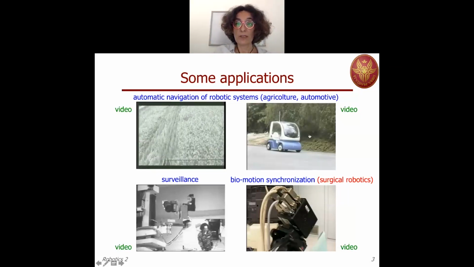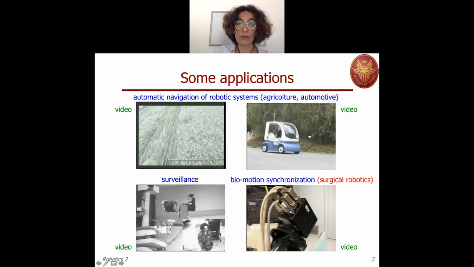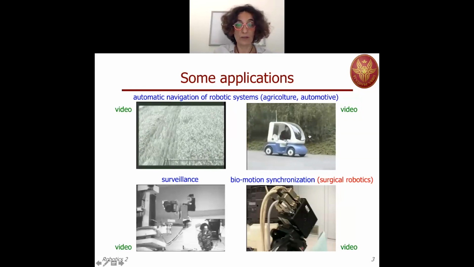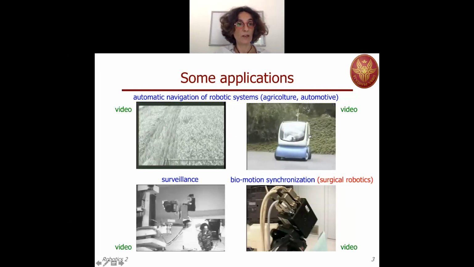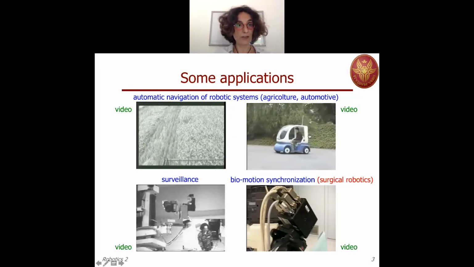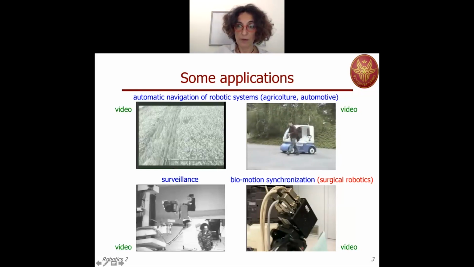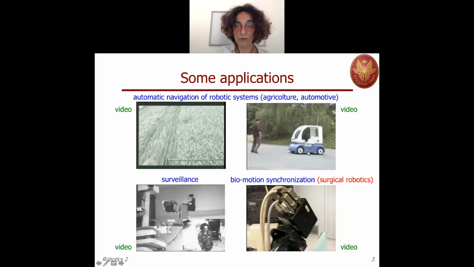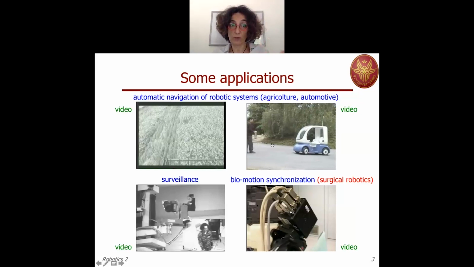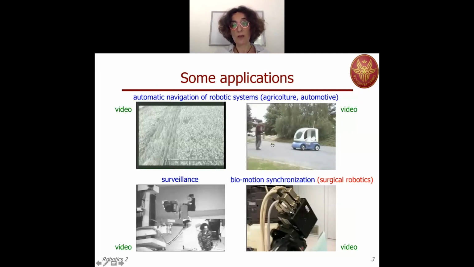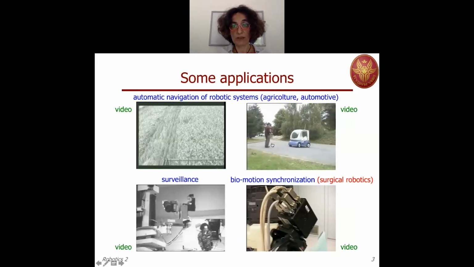Here instead we see an application to autonomous driving of vehicles. This is of course an application that today is very familiar and popular, and what we see here is how this vehicle autonomously moves to track a target that is held by a human. Of course, this is a proof of concept of what can be achieved using this visual servoing technique.